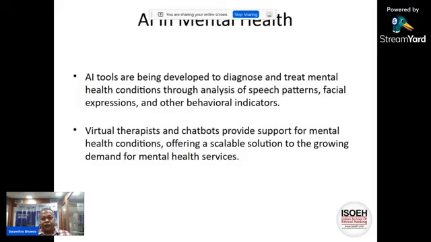AI for mental health. I cannot stress more about mental health because it is the biggest disease these days. No one talks about it because it's kind of taboo. But I'm not going to say each one, but most of the people have some form of depression, anxiety, melancholy, things like that.